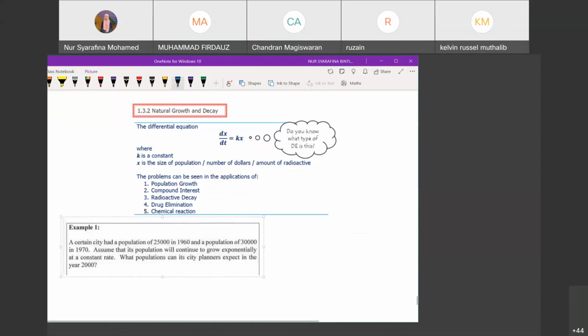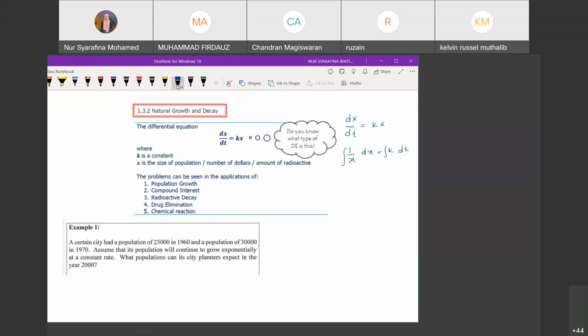But before that, this is dx/dt equals kx. We can find the solution by solving this using a separable equation. So we have 1/x dx equals k dt.